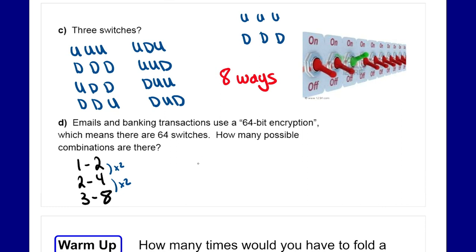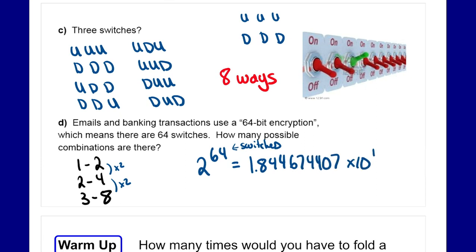So I could actually do 2 to the power of 64, because there are 64 switches. And rather than doing this by hand, I would get 1.8446744407 times 10 to the power of 19.